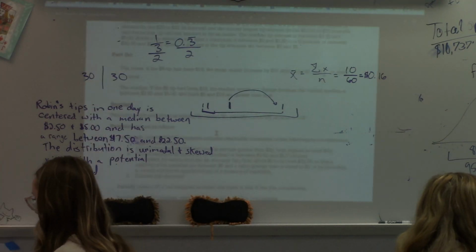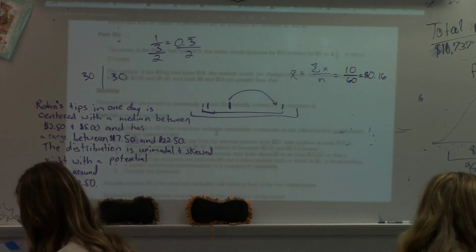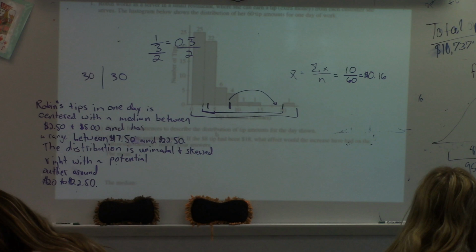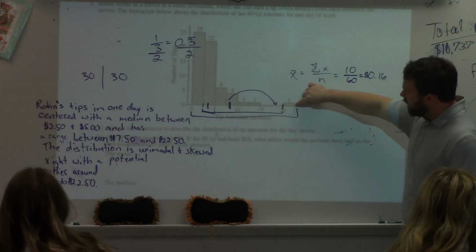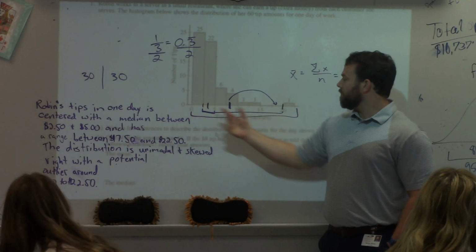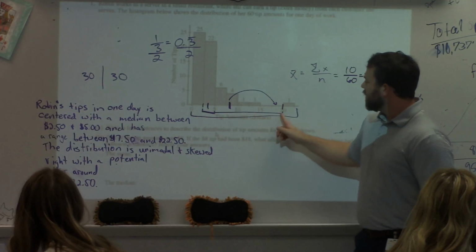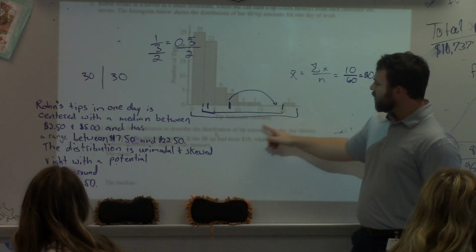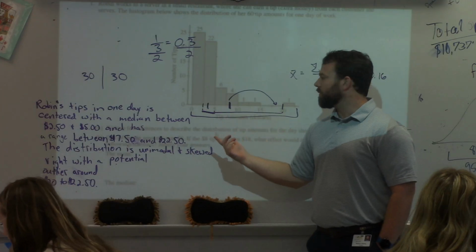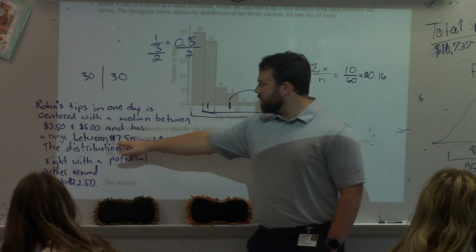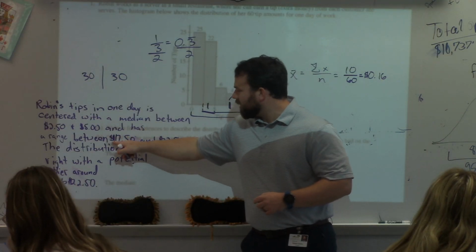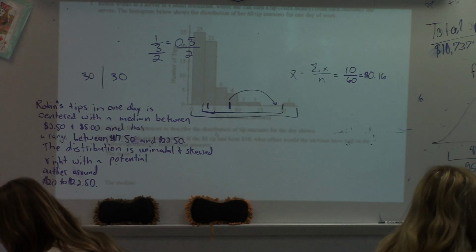So the absolute maximum value is 22.5. The absolute minimum is 0. So it's a maximum range of 22.5. But it could have been that this data point was actually 20 and this was 2.5. So 20 minus 2.5 would be 17.5. So the range is anywhere between $17.50 and $22.50.